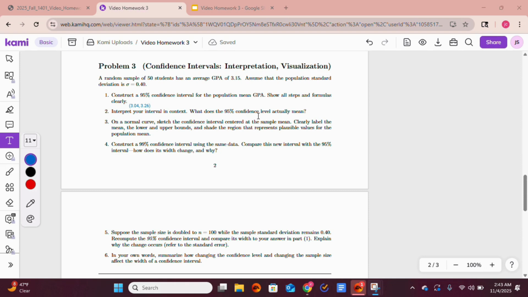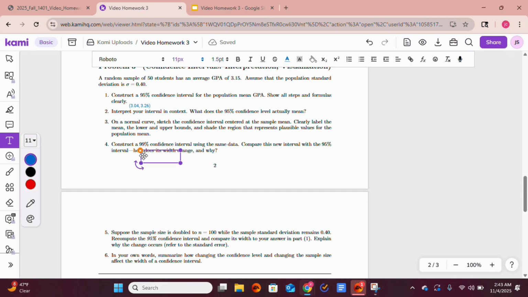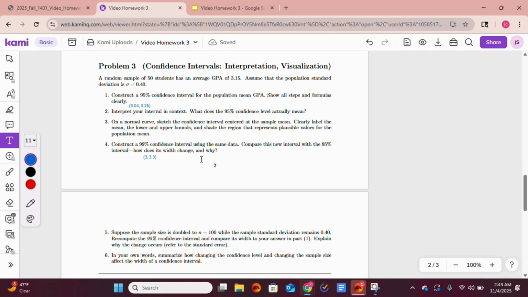Then we can round and add and subtract 0.15 to 3.15 and get an interval of 3, 3.3. This interval is wider since we are being more confident and covering more possible values.